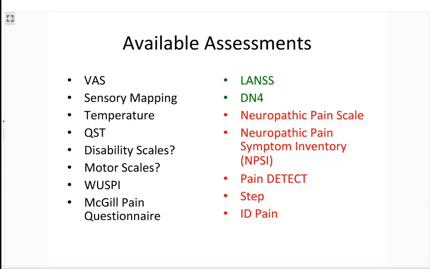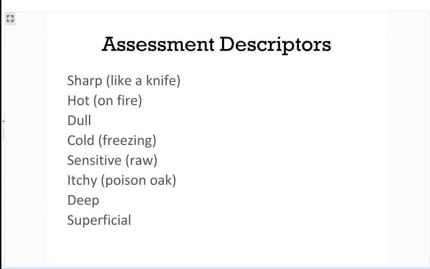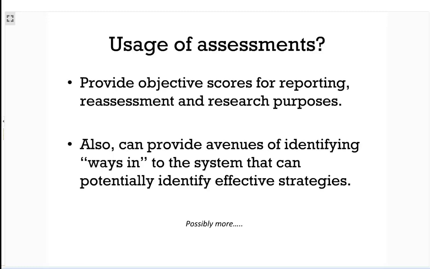The ones that are sensitive to change that we can get measures on are these ones in red, of which the two that are most commonly used are the neuropathic pain scale, which has unfortunately just gone black, and the neuropathic pain symptom inventory. They utilise measures on a scale 0 to 10 on these particular descriptors, so we can start to get scores on some of these different pain experiences as they describe, and then see which can be influenced.